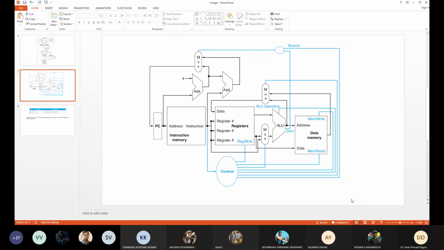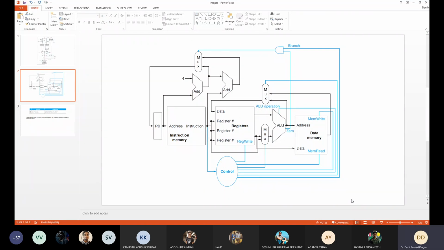Now you have been given this diagram. Let us assume all the blue lines are control signals and all black lines are data lines, data paths. For the next 5 minutes, you study this circuit carefully, starting from the program counter to the instruction memory to the registers, different multiplexers, arithmetic logic unit, data memory, and all the adder circuits and multiplexers.